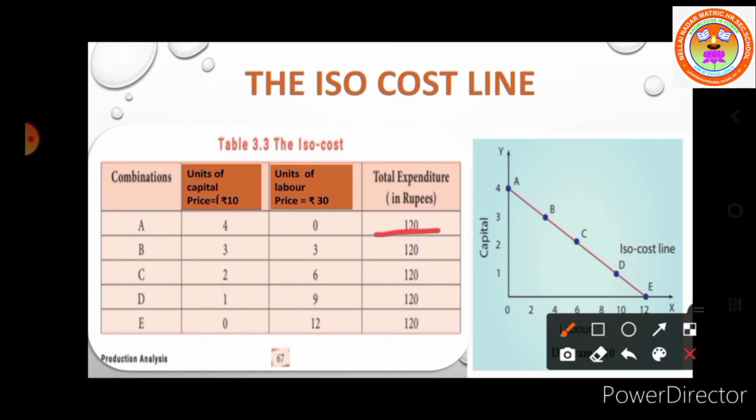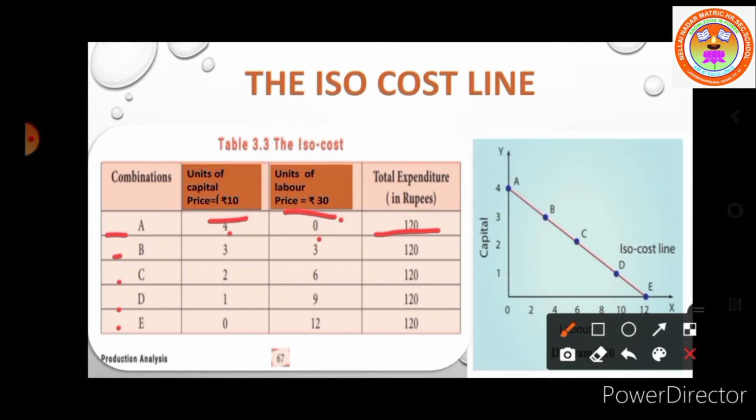Prices of factors: labor, rupees 30; capital, rupees 10. There are 5 combinations of capital and labor, like A, B, C, D, E. A combination represents 4 units of capital, 0 units of labor.